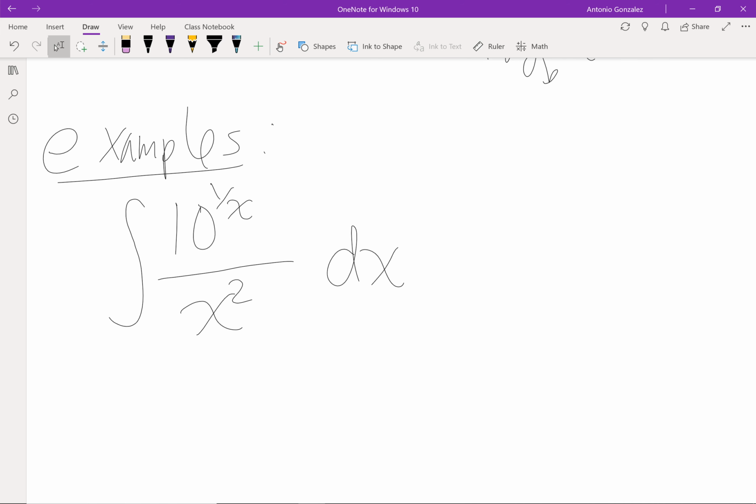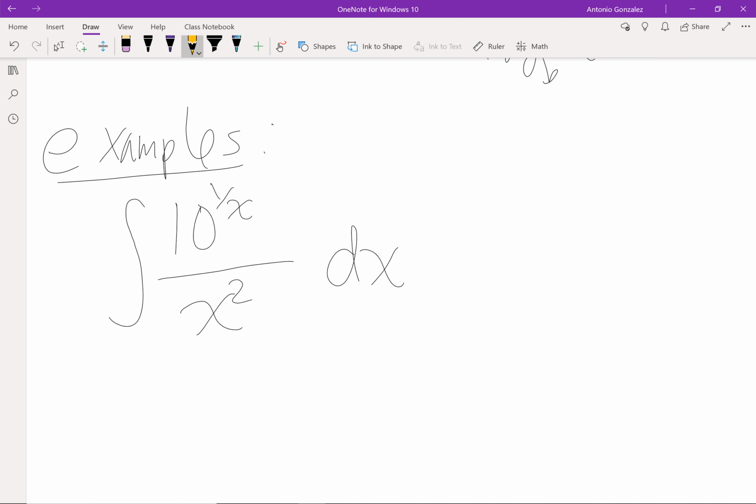Okay. All right, so here let's practice using a substitution, right? As you work through these new examples, remember if the variable is in the exponent, that is not a power rule, right? Do not use the power rule. This is some kind of exponential that needs to be used.